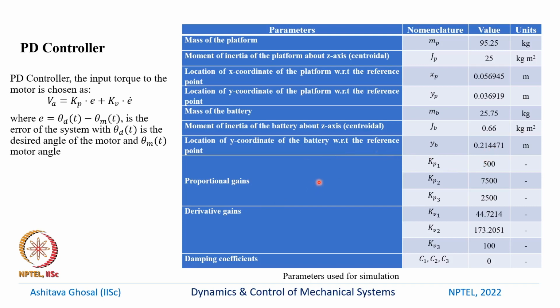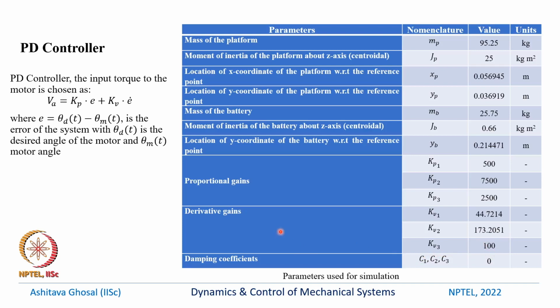We do various experiments and a lot of simulations, and we come to a set of proportional and derivative gains. So Kp1 is 500, Kp2 is 7500, Kp3 is 2500, whereas Kv1 is 44.7214, Kv2 is 173.2051, Kv3 is 100, and we assume that the damping coefficients are 0.